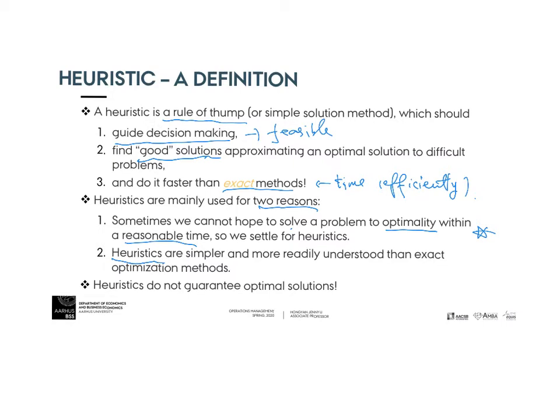Heuristics do not guarantee optimal solutions. This should always be remembered. An optimal solution is normally the best, so it cannot be better. Heuristics may be improved up to the optimal solution, but normally there is no guarantee.